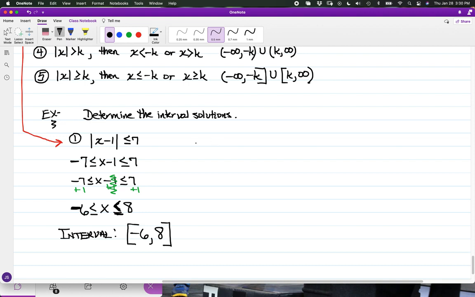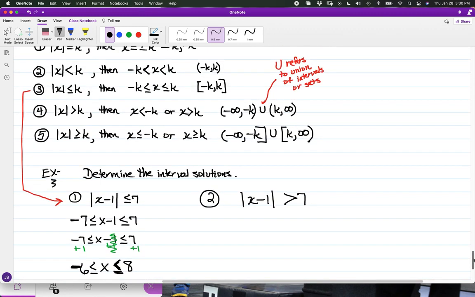And if I have, let's say, and I'm just going to keep the absolute value of x minus 1, and if I have that the absolute value of x minus 1 is greater than 7, so I'm keeping the k value at 7.